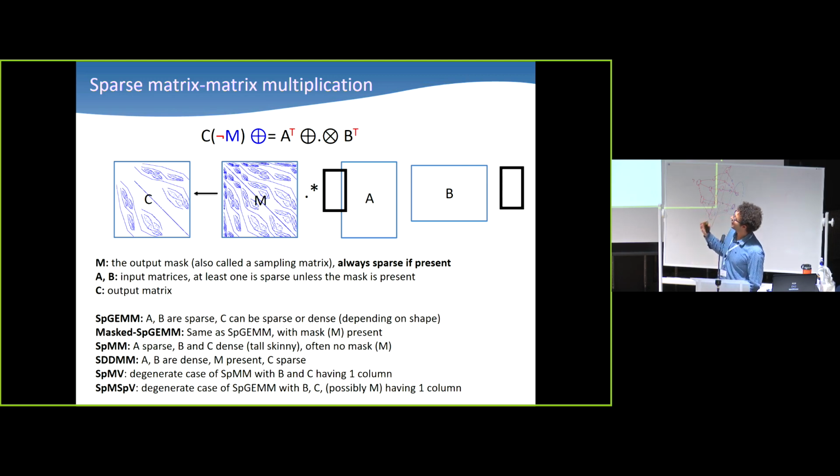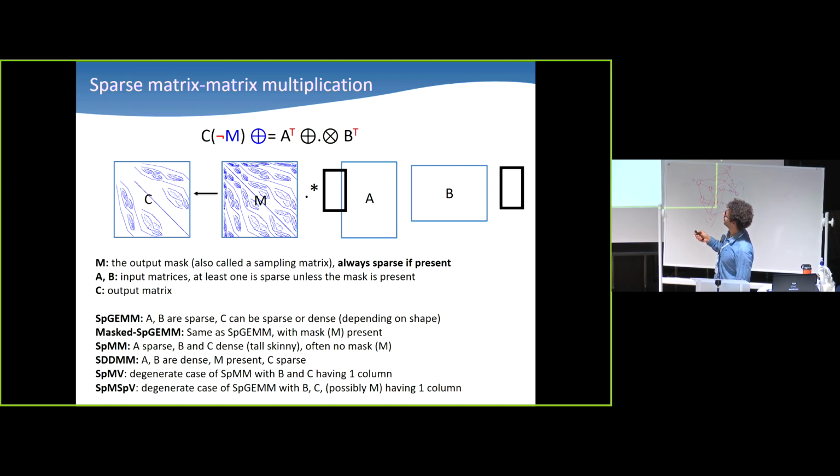So I talked a lot about this signature, but you can see how many different exact functions this signature maps to. This is the signature of GraphBLAS mxm, matrix times matrix. In itself, it hides many algorithms I talked about today. There can be a mask, or there can be no mask.